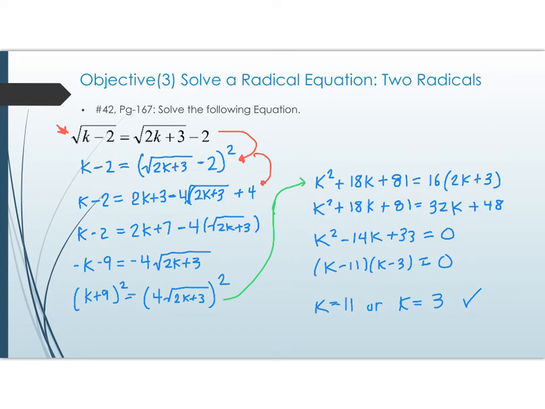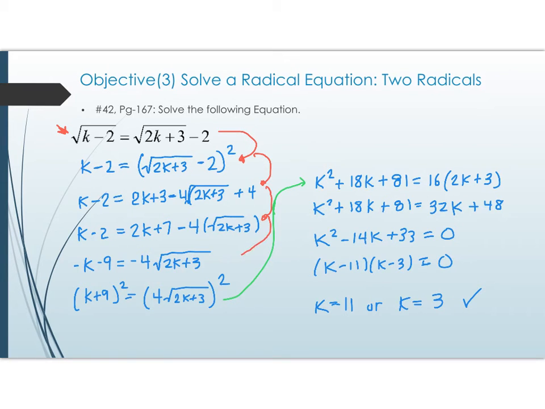Now, of course, we want to combine some like terms on the right side of the equation, so we get k minus 2 is equal to 2k plus 7 minus 4 times the square root of 2k plus 3. Now, we want to isolate the square root on one side of the equation.